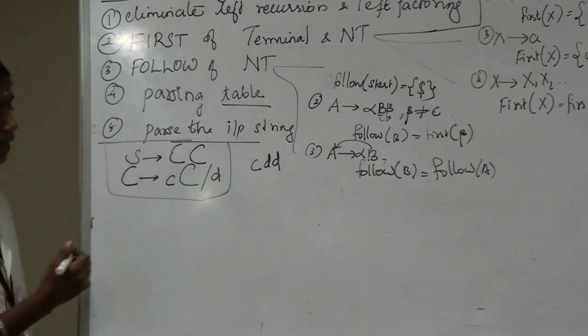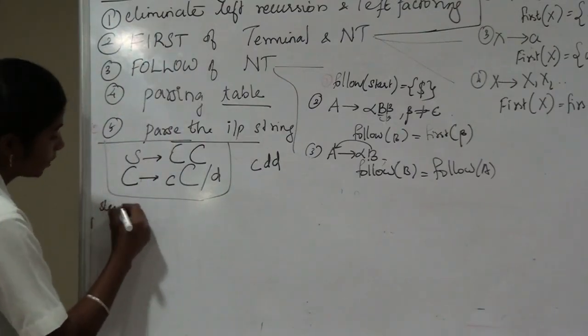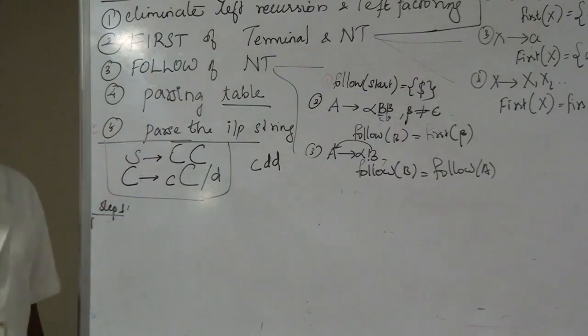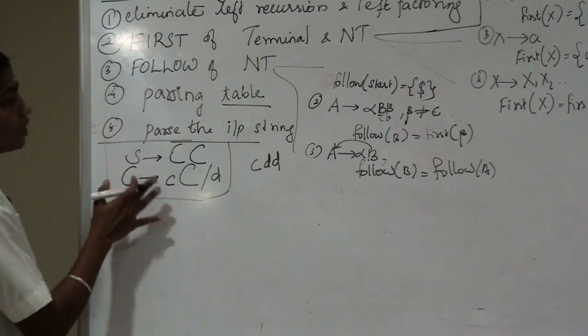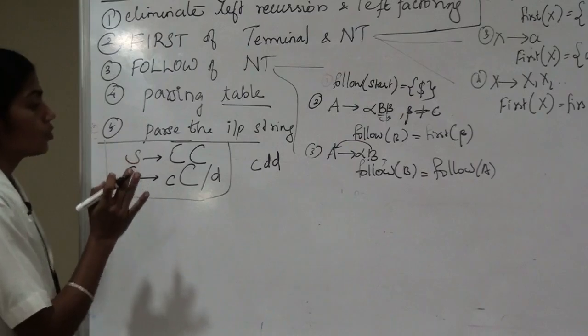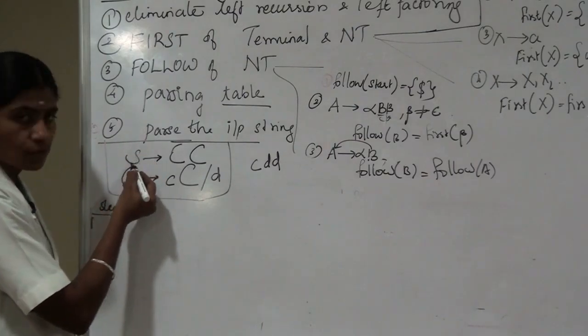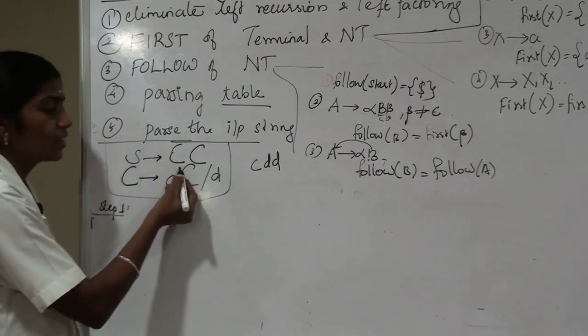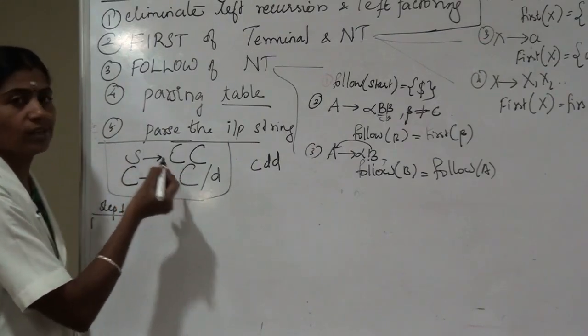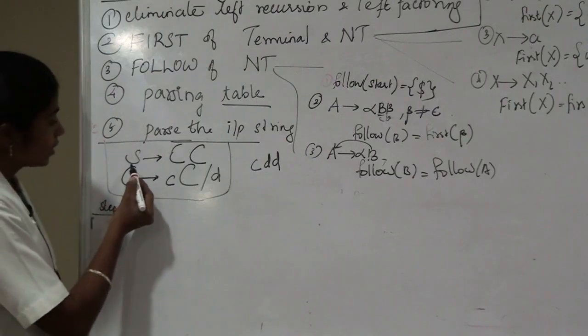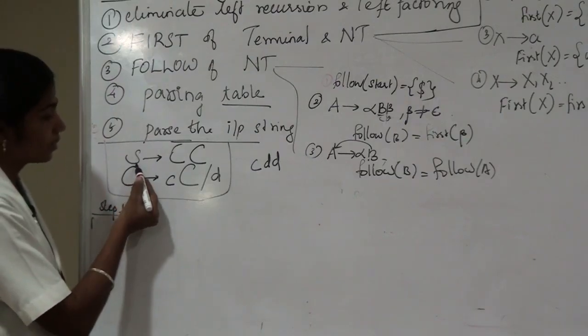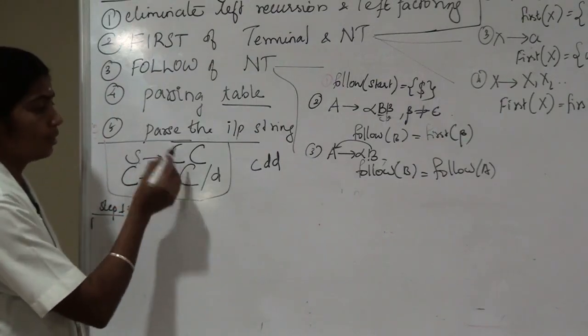So first, what is my first step? Step 1 is eliminate left recursion and left factoring. So you check for left recursion. What do we mean by recursion? It is when the first symbol on the right-hand side of your production is the same as the left-hand side. If both are the same, then there is left recursion. Check the first production: you have S here and C, so it is not the same, so no recursion.